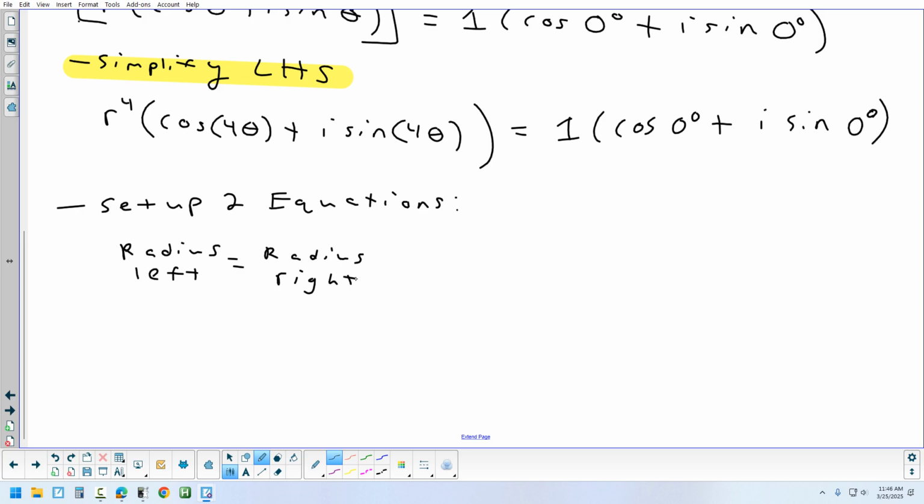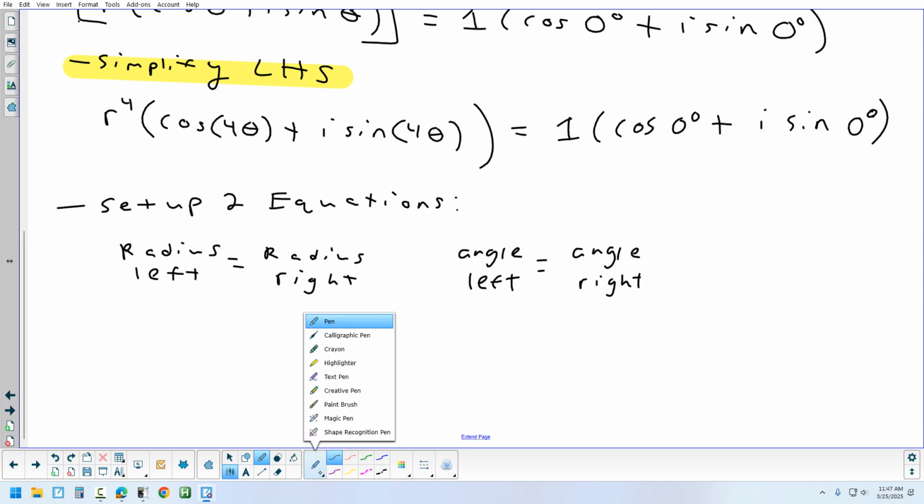And what's my angle on the left? 4 theta. So angle on left is going to equal angle on the right. So those are going to be the 2 equations we set up that are going to give us our answers.